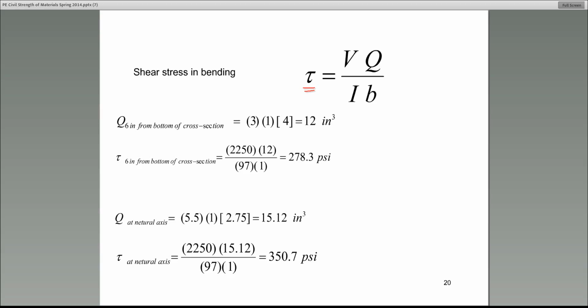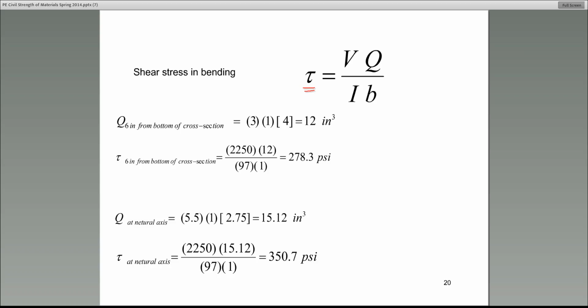I want you to understand the ingredients that go into this equation. Starting from the numerator, V. V is the shear force. So V is the shear force, and that we get from the shear diagram. All right? Q, if you don't mind, I'll get back to Q in just a minute.